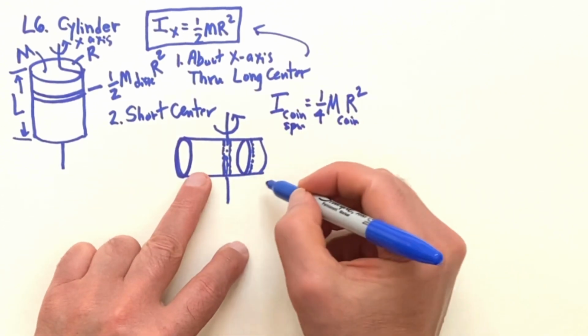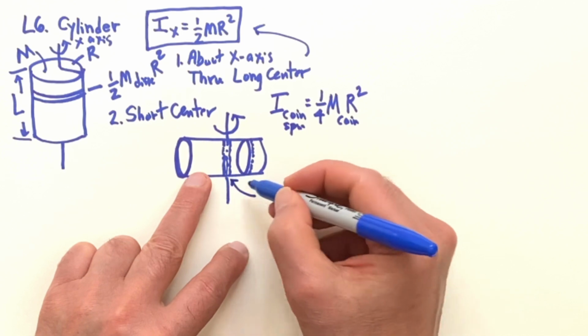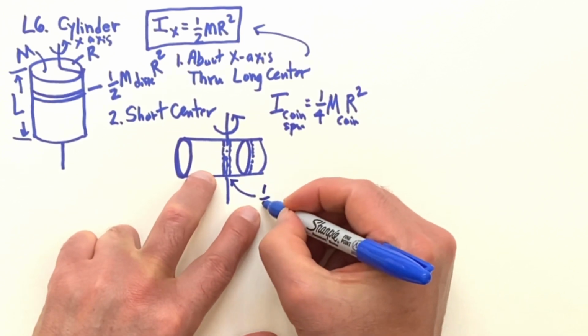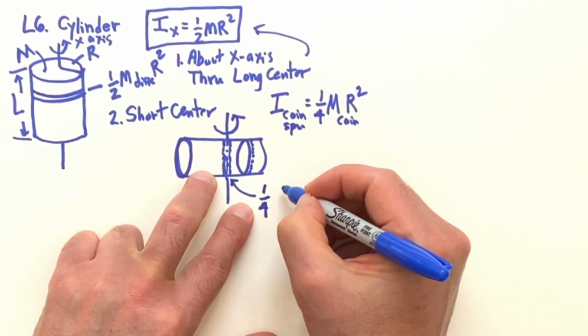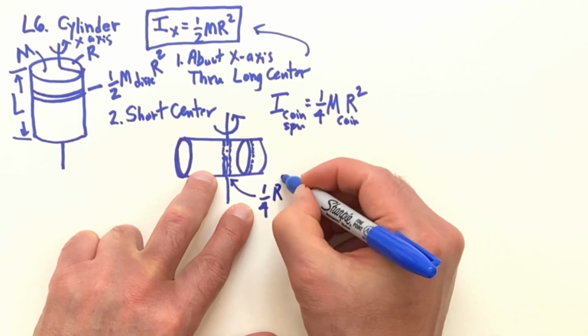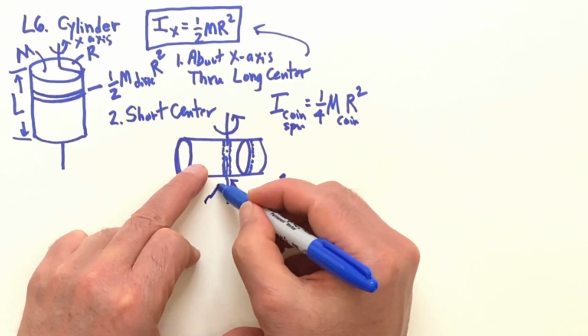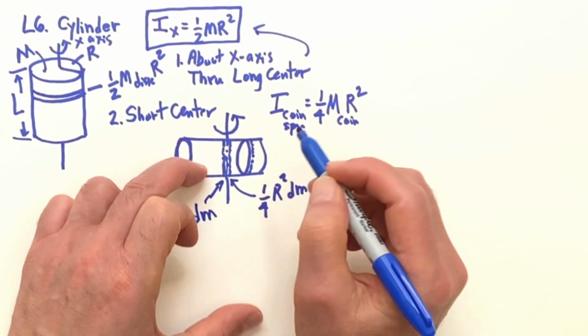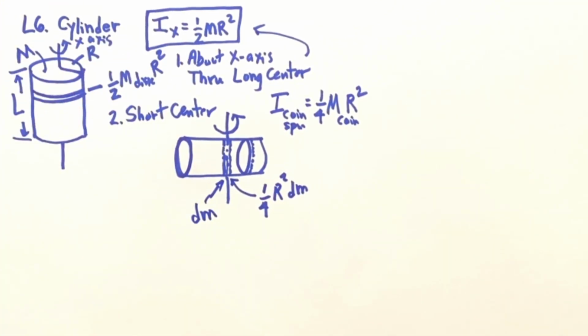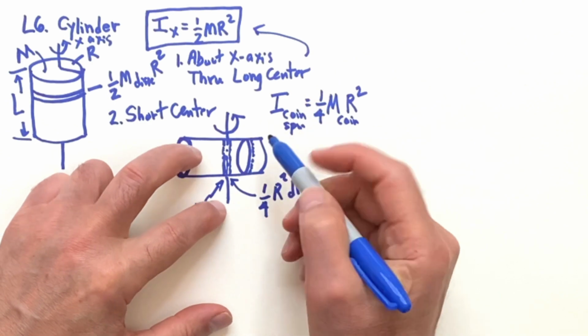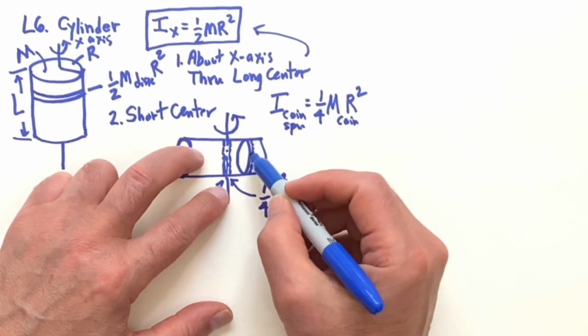So that means for this little piece here, you would have 1/4 R squared times dm, where there's here a delta m, an infinitesimal chunk of mass. But we can't integrate that one. That's just the one case in the middle. But how about the general case?